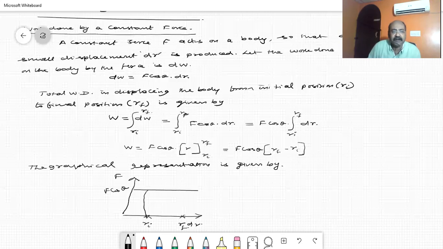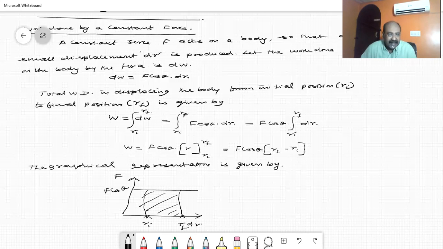So you get an area enclosed by this graph. The area enclosed by the graph between the force and displacement will give you the total work done in displacing the body by the force from the initial position Ri to the final position Rf.